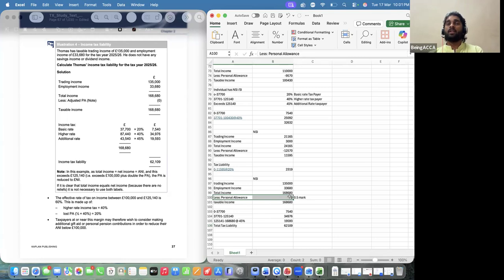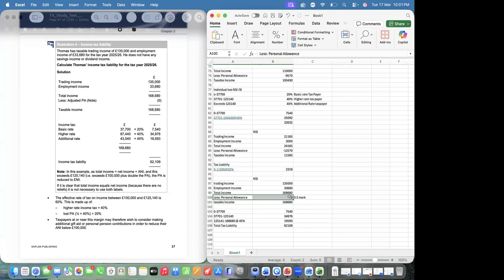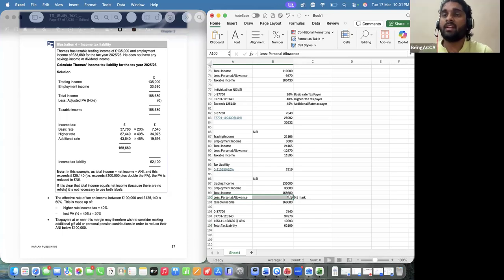You remember why I told you in the beginning of the class that it is the foundation? Because students tend to forget it. When income exceeds 100,000, we should remember that personal allowance is to be adjusted, but students forget it. Because of the students forgetting it, what happens? They take the minus 12,570 here. Their taxable income is wrong. Because of that, their tax liability calculated is also gone to a toss.